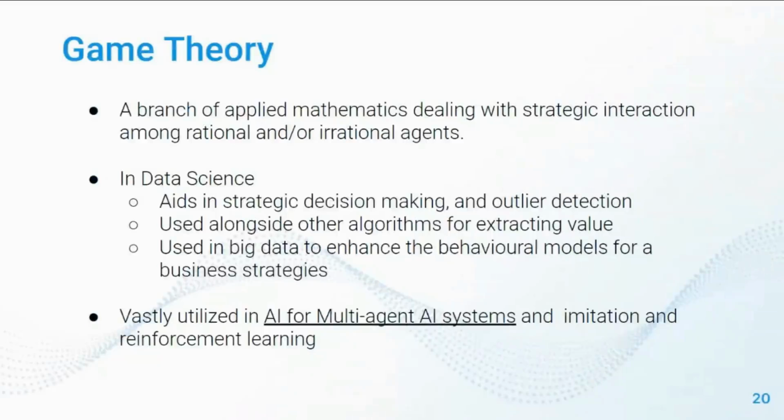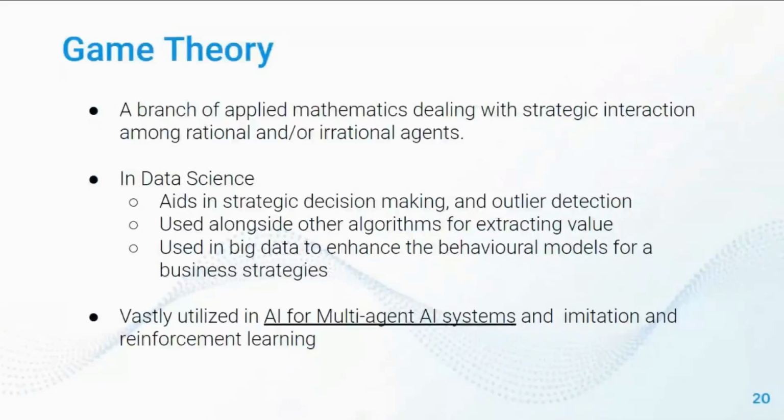It's used alongside other algorithms to extract value, since it alone cannot generate too much value. And it's used in big data specifically to enhance the models that are already there for business strategies, since you need to consider what the other businesses could do in a specific situation.